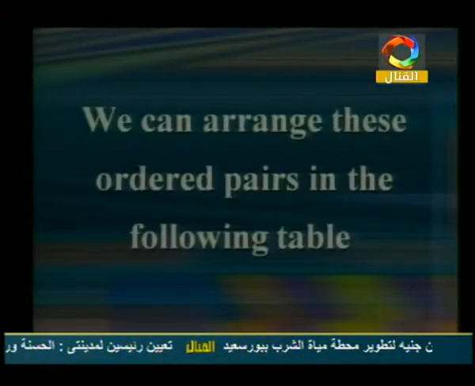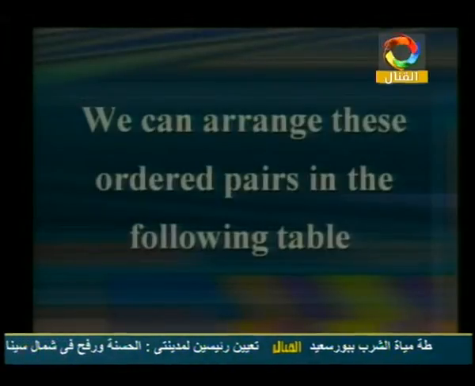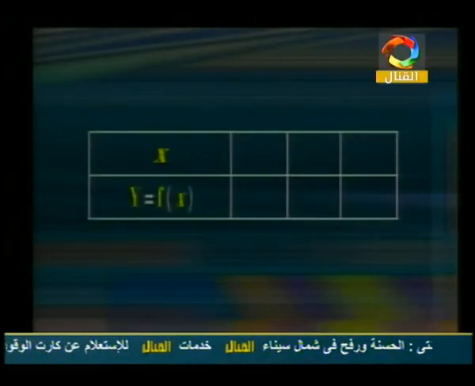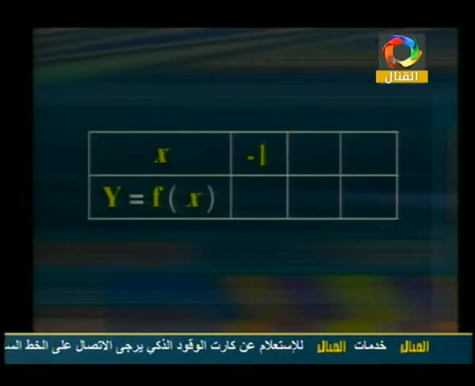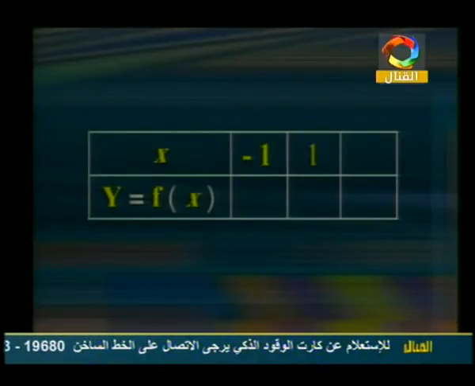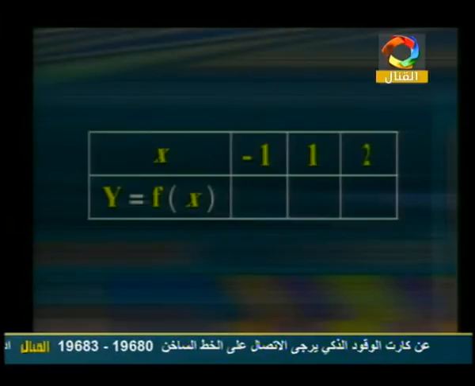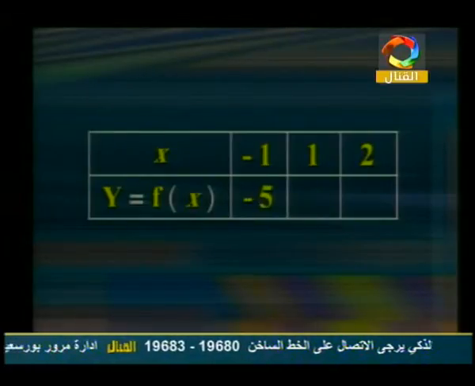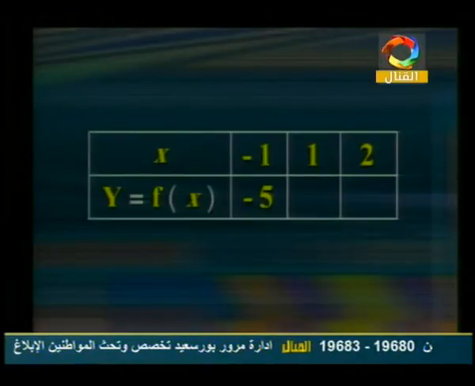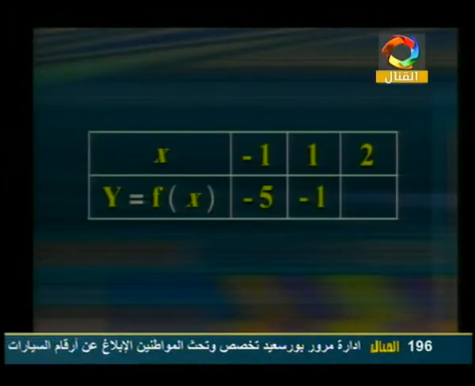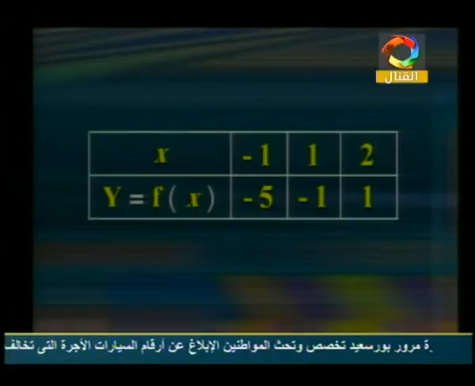We can arrange these ordered pairs in the following table. x, y equals f of x: negative 1, 1, 2. The result, y equals f of x, equals negative 5, negative 1, 1.